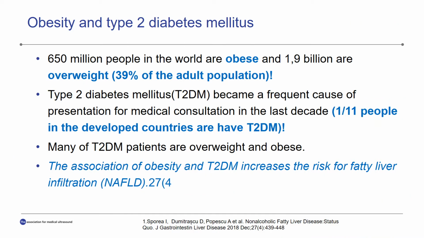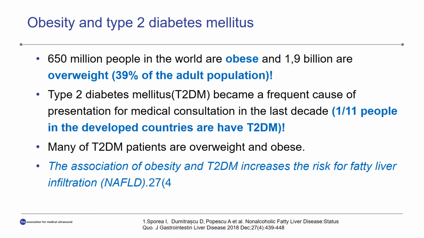If we look at obesity and type 2 diabetes in the world, we can see a huge number of the world population being obese and overweight. Looking at overweight, almost 2 billion persons are overweight in the world.